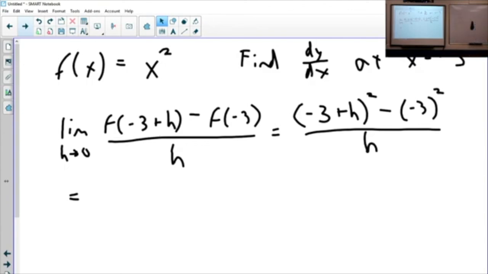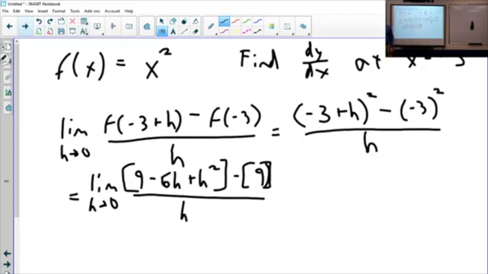Not all functions. Different functions are going to have different rules. We're trying to figure out what the rule for x squared is going to be. It's working very similar to the last one, so I won't take too long on it. And I'll skip a couple steps. H is still going to factor out.